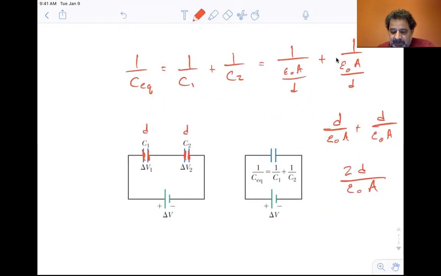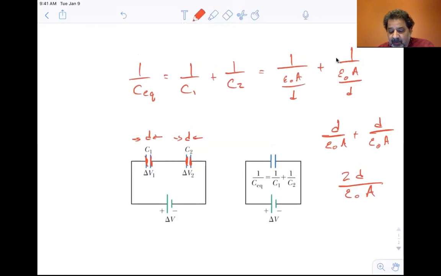We've increased the distance, whereas the distance for one of these capacitors is just D. Now we've increased the distance between the plates, so this is 2D.